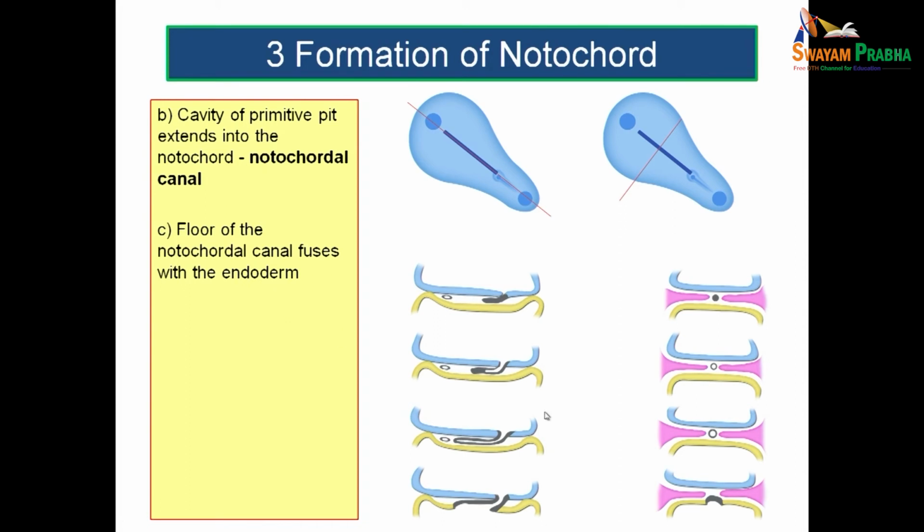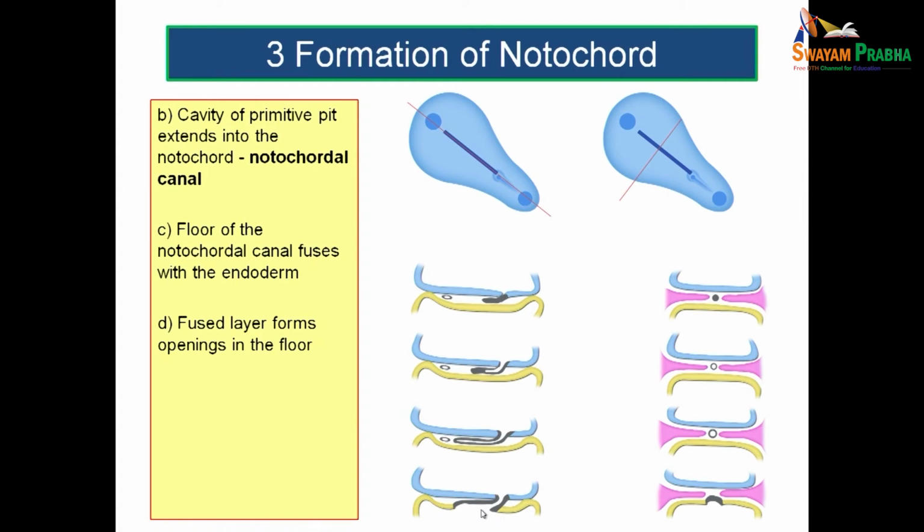Now what happens is the notochordal canal actually fuses with the endoderm. Once the notochordal canal is formed, it gradually descends down and fuses with the endodermal layer. So when you look here, you can see that the notochordal canal has fused with the endodermal layer and it forms openings in the floor of the notochordal canal.